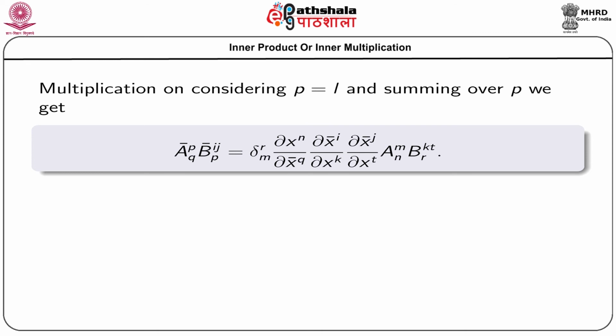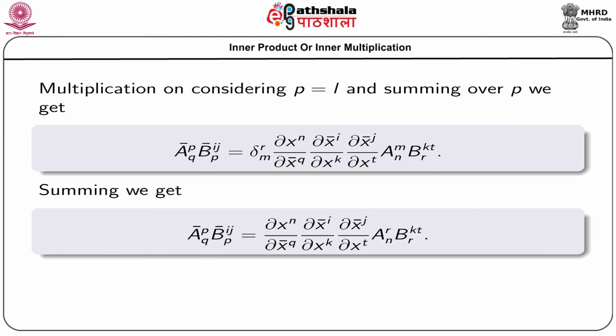So, summing we get this form: A bar Pq B bar IjP equals del x n del x bar q del x bar I del x k del x bar j del x t A^{rn} B^{ktr}. So, when we take the operation of the Kronecker symbol, this m will be replaced by r.